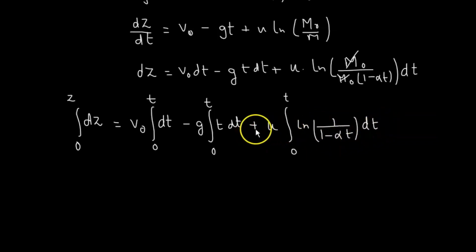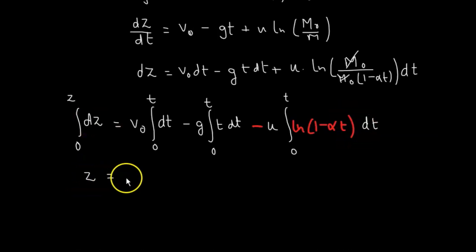Here we can do a little manipulation. Instead of plus u, we can write it as minus u, and take the negative sign inside such that we can apply a property, and that gives us natural log of 1 minus alpha t. Fine. So this is simply z, and this will be v naught t minus half g t squared minus u.